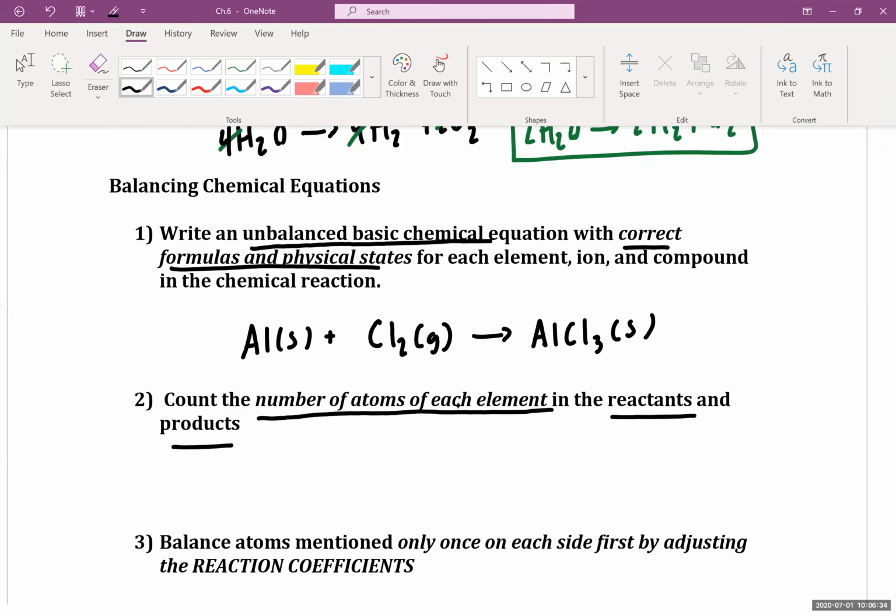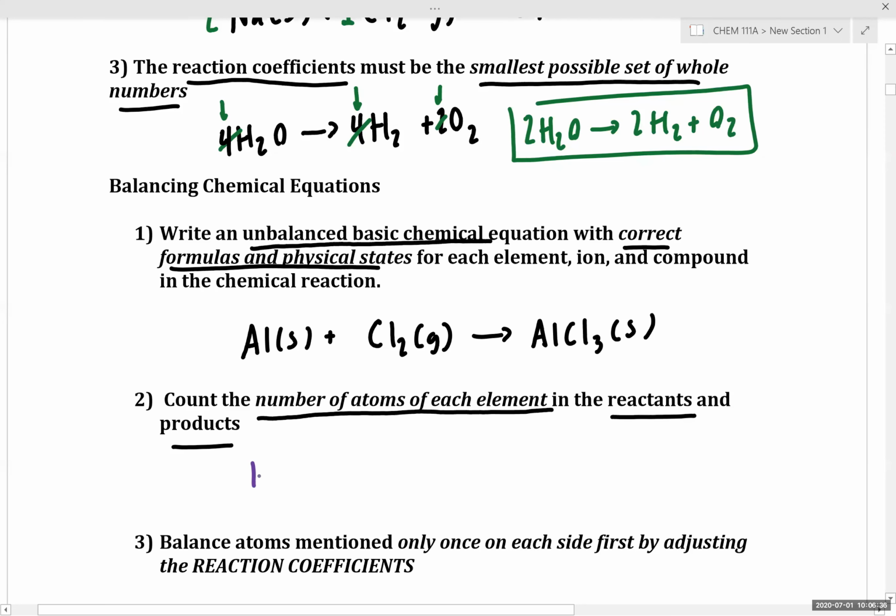So if we're making a tally, I see 1 aluminum atom, I see 2 chlorine atoms, I see 1 aluminum atom and 3 chlorine atoms in my product. Again, we count our atoms by looking at our subscripts and our reaction coefficient, which we haven't put in yet.